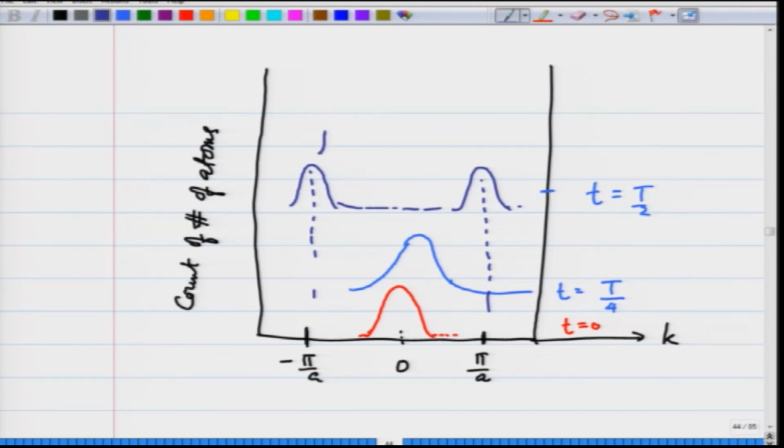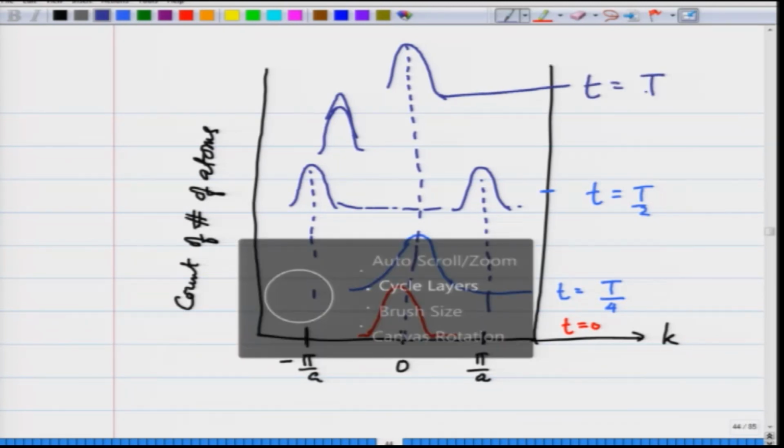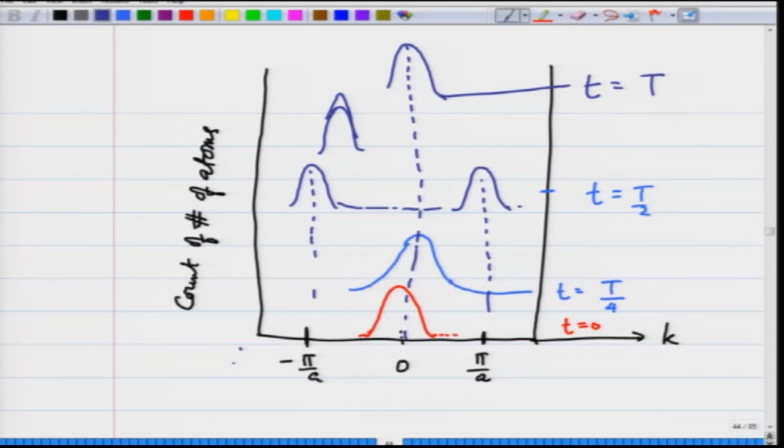At longer times it kept evolving and the peak became bigger, and then finally at t equals the Bloch period, the peak came back to k equals 0.